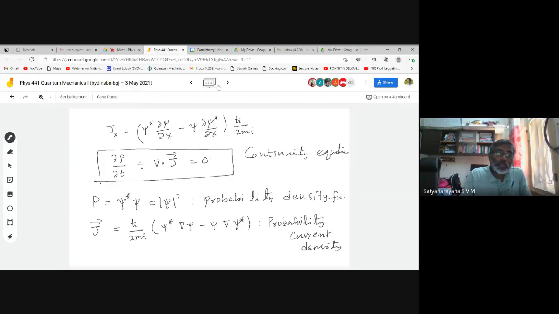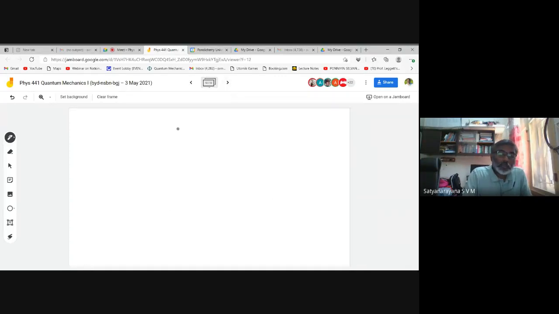Now, the way to understand this equation is like this. Suppose there is some region in which your rho is defined. This is some volume, and this is the surface of that volume. Now, what does del rho by del t plus del dot j equal to 0 mean?